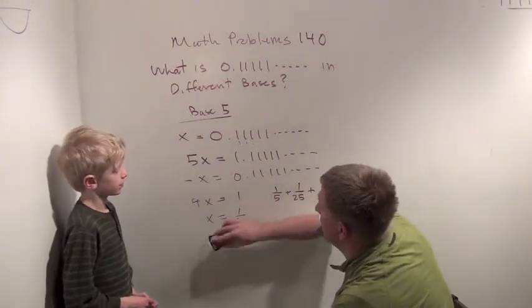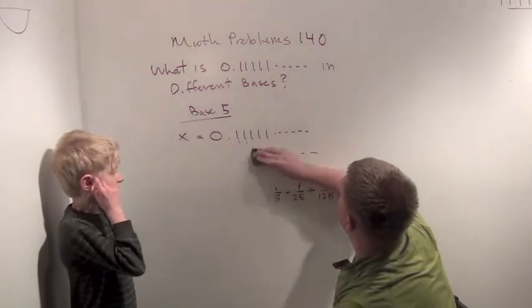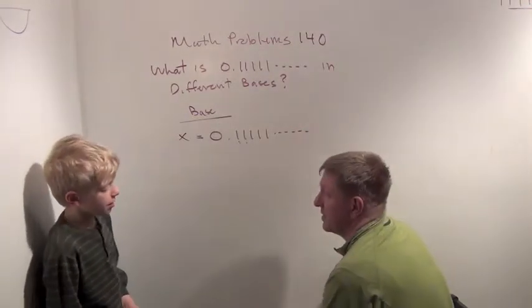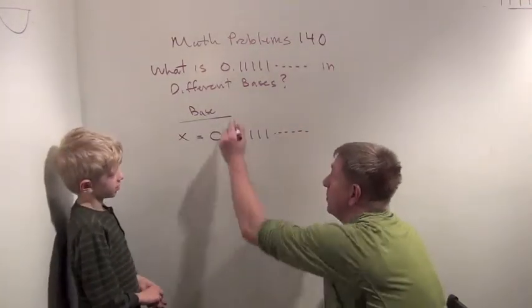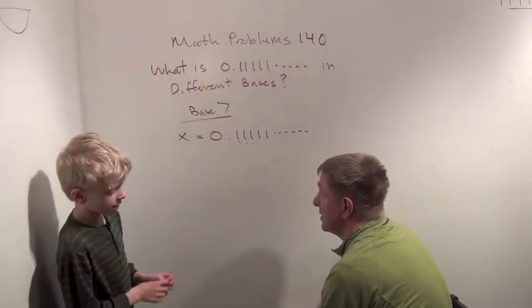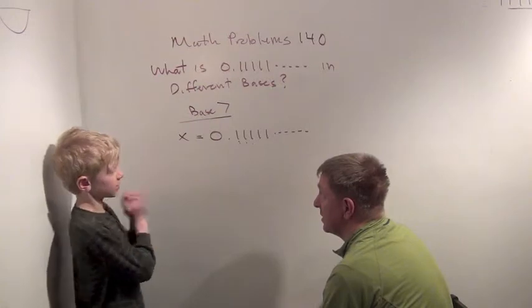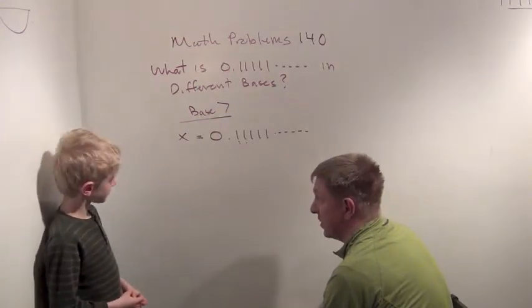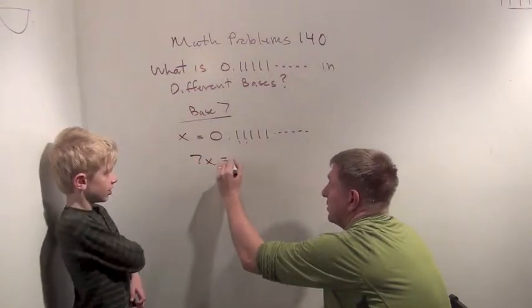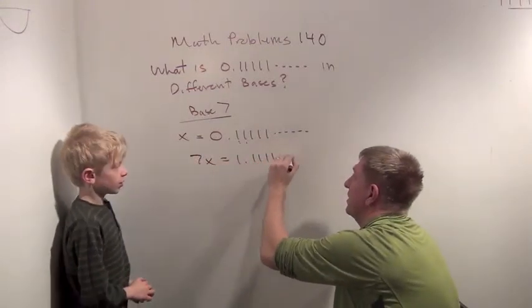All right, let's do one more. One last example. Pick a base. Maybe base 7. We're hoping this is going to be 1/6. So what are we going to do? Multiply by 7. 7x equals 1.11111.